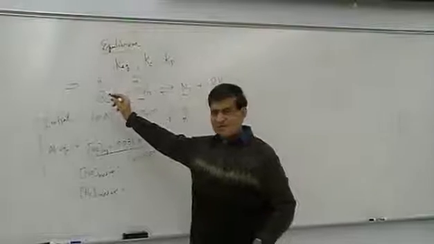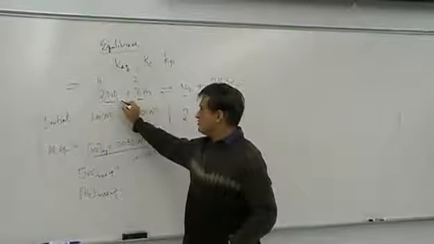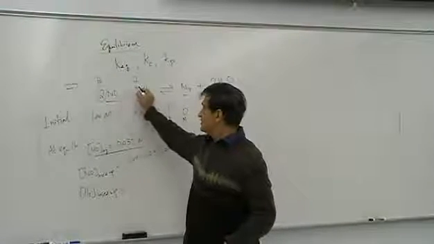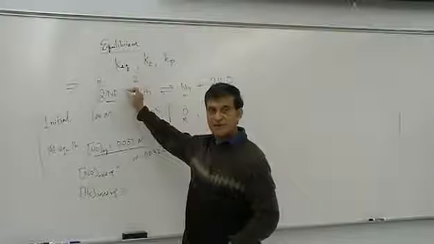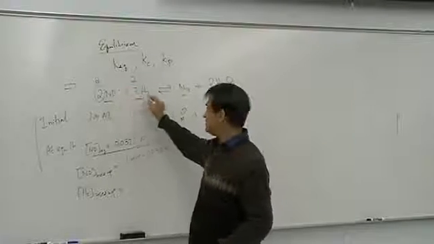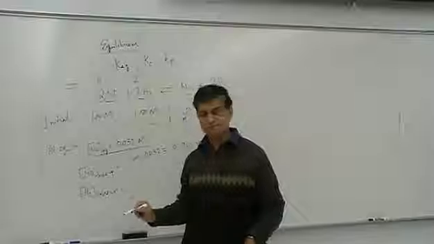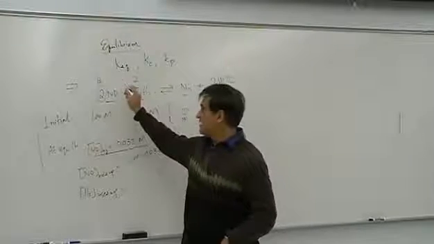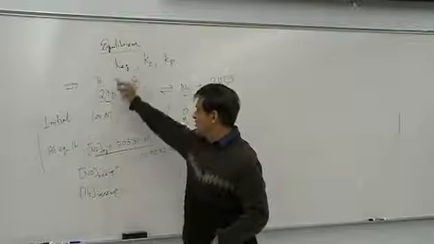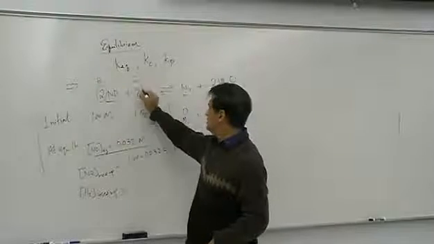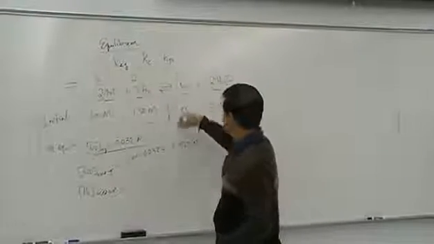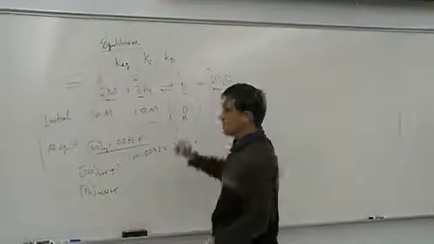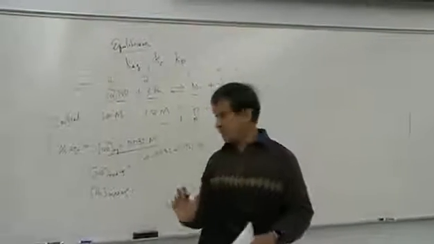This reaction tells us that when 2 moles of NO is used up, 2 moles of hydrogen will be used up at the same time. Otherwise, this reaction cannot happen. Remember I was telling you about the stoichiometric ratio, and it has to maintain that ratio. So 2 of this would react with 2 of this, and make 1 of nitrogen and 2 of H2O. And that has to be maintained.